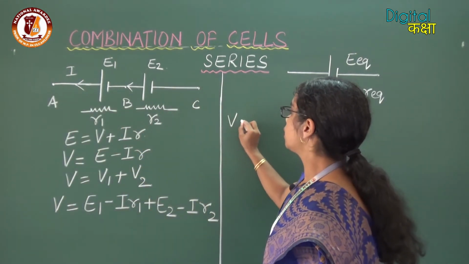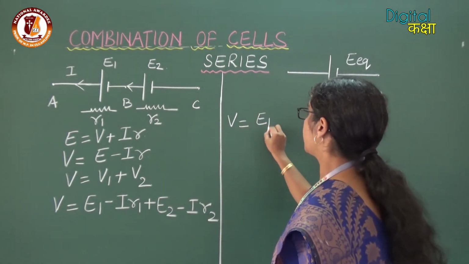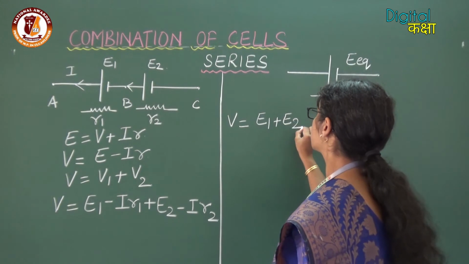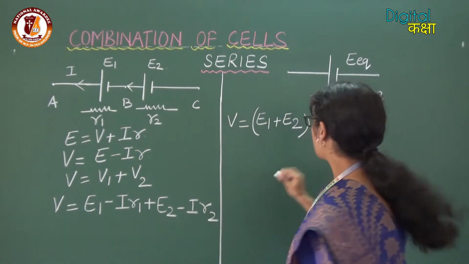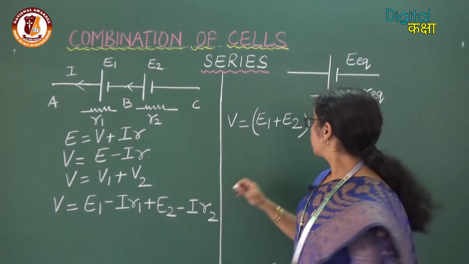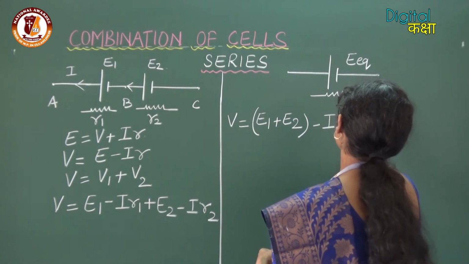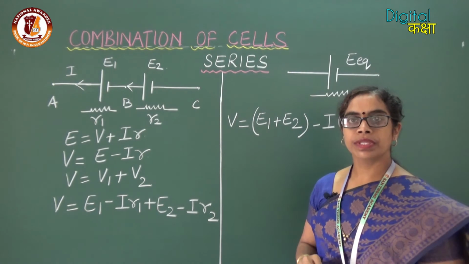On rearranging the terms which are obtained here, it can be written as, on RHS, E1 plus E2. From these two terms, I am taking minus I outside the bracket, and inside the bracket I am left with R1 plus R2.